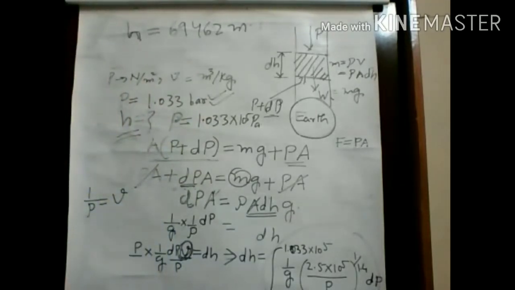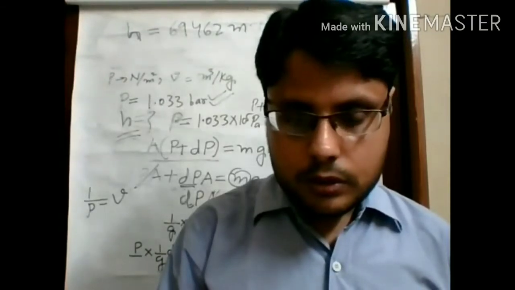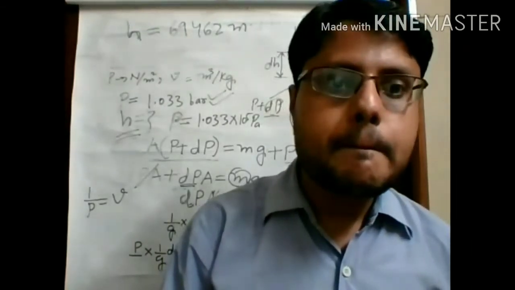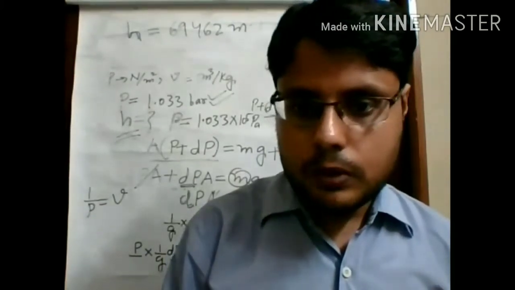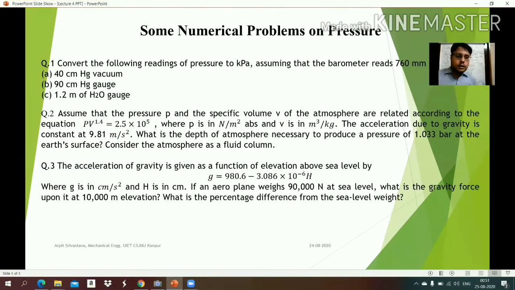Okay, so what is our third problem? Our third problem is that the acceleration of gravity is given as a function of elevation above sea level by small g equals 980.6 minus 3.086 into 10 to the power minus 6 h, where g is in centimeter per second square and h is in centimeter.